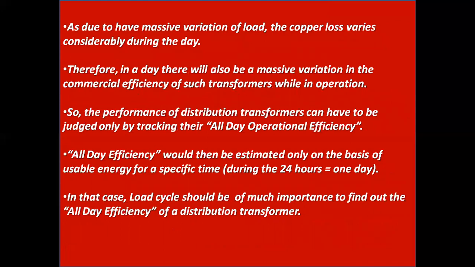Due to the massive variation of load, the copper loss varies considerably during the day. Therefore, in a day, there will also be a massive variation in the commercial efficiency of such transformers while in operation.